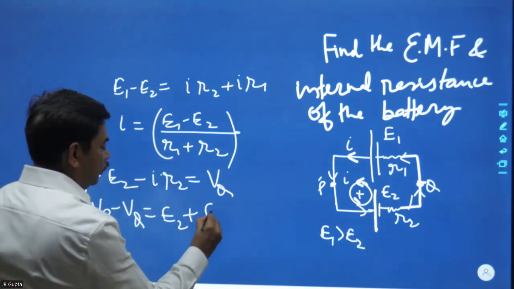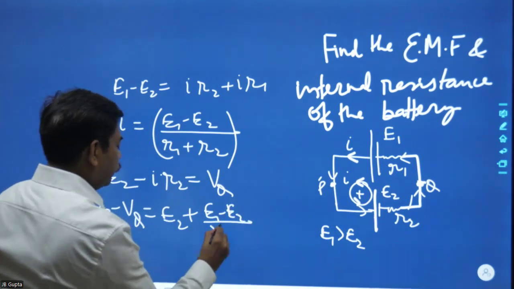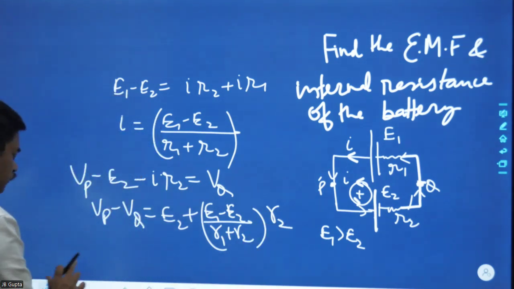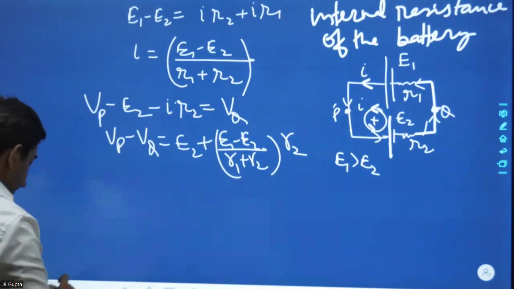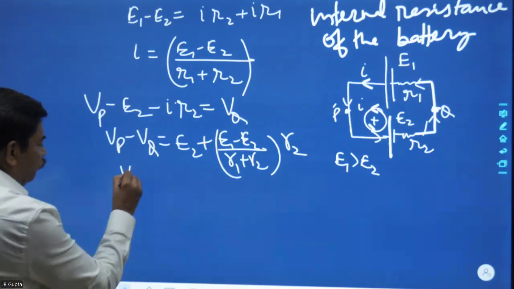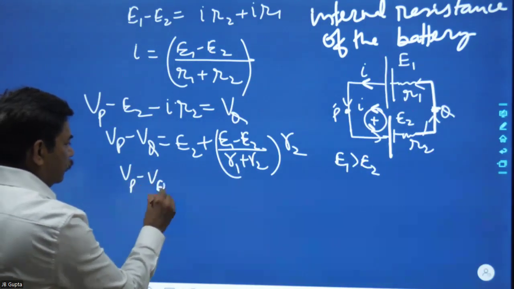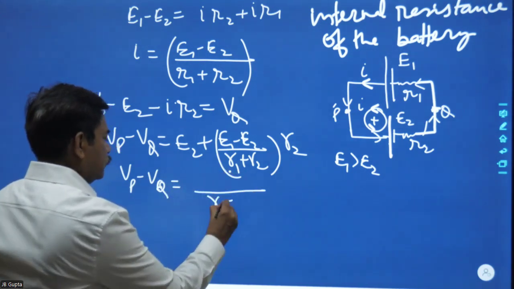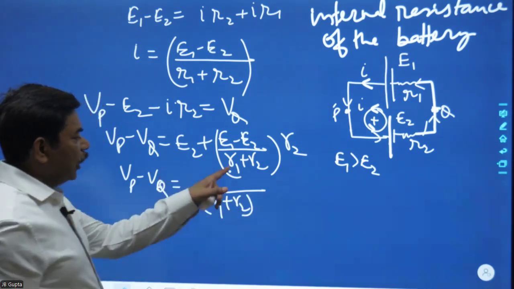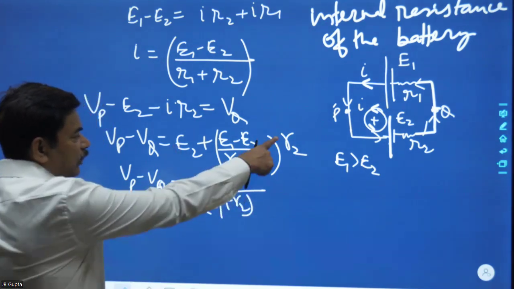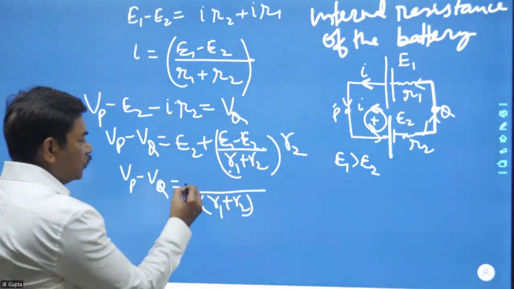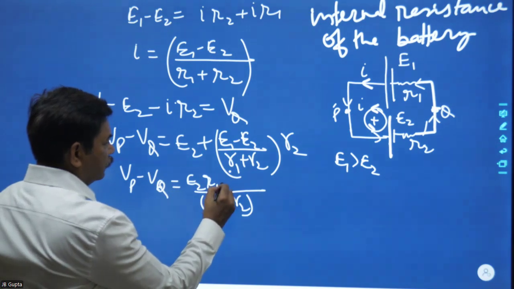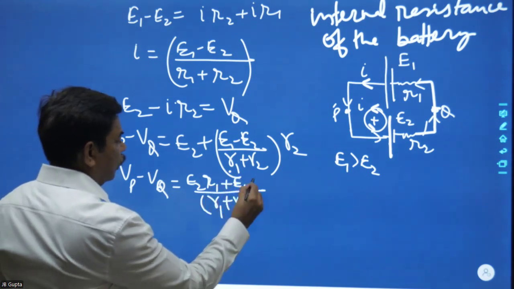Keep the value of I, E1 minus E2 divided by R1 plus R2, multiplied by R. So this becomes VP minus VQ is equal to, R1 plus R2 will be the LCM, so this will be E2R1 plus E2R2, and here we have minus of E2R2, so this will be E2R1 plus E1R2.